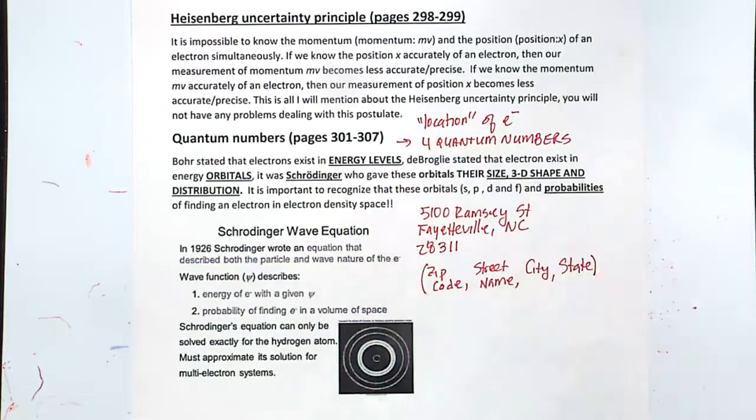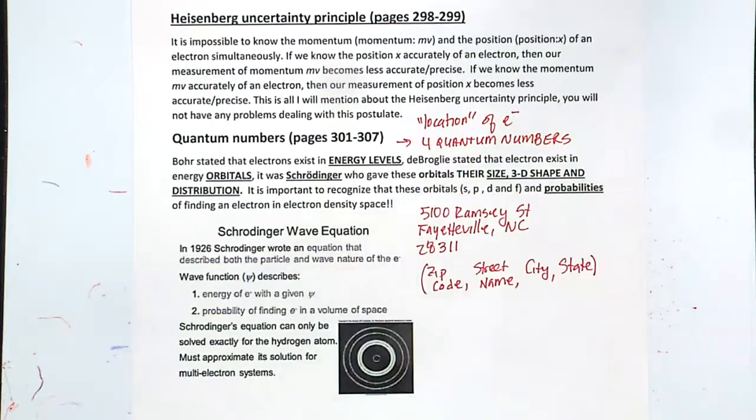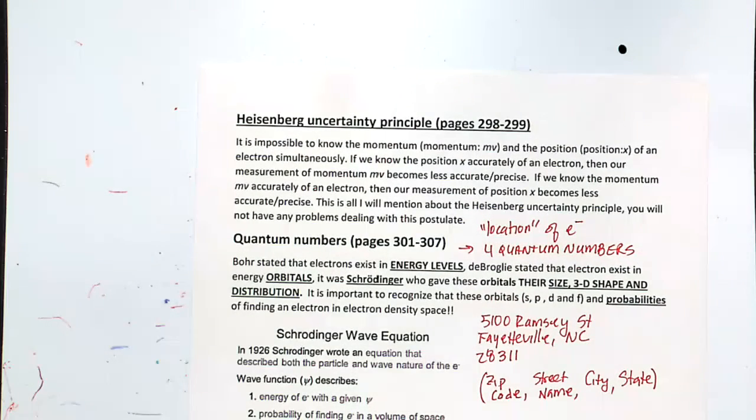Sort of the address, again, I'm using quotes. Why am I using quotes for location and address? It's because of the Heisenberg uncertainty principle. We can never know the true location. I reside in Falkland Court, that's my address, but you can't say so definitively for an electron.